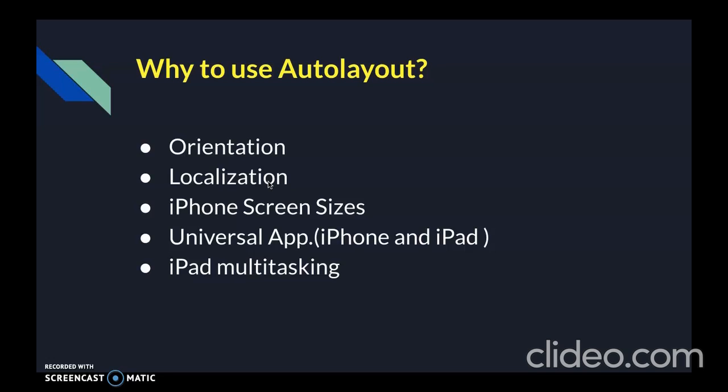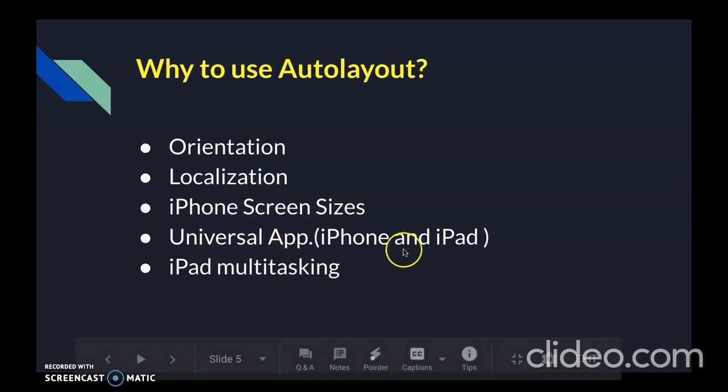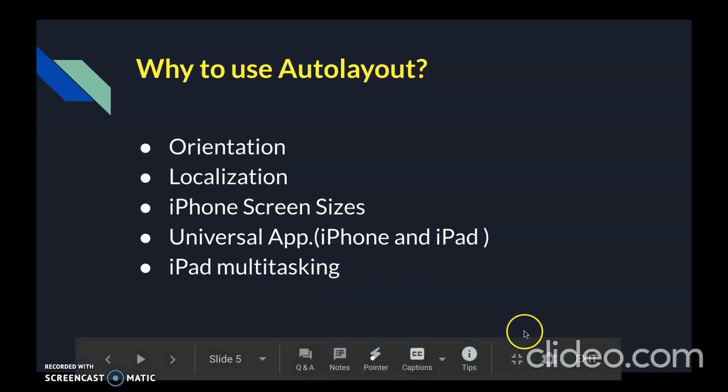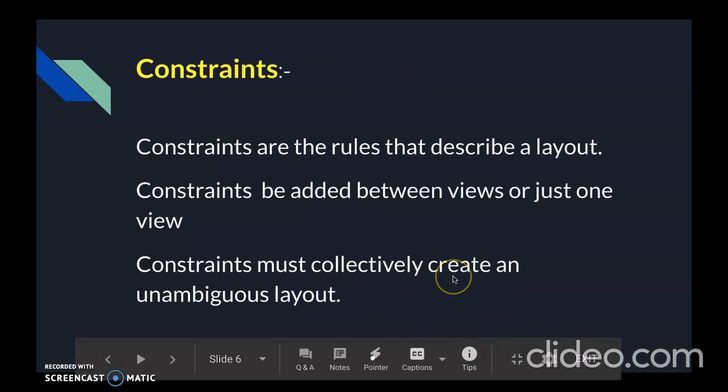So we decided to add a relationship of greater than or equal to for the width of the click me button, and our issue was fixed. This was the localization. We have discussed the iPhone screen sizes, and also the iPhone and iPad screen sizes. iPad multitasking is related to the different sizes. So we have discussed all these things.